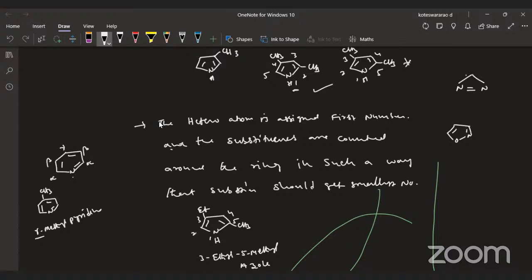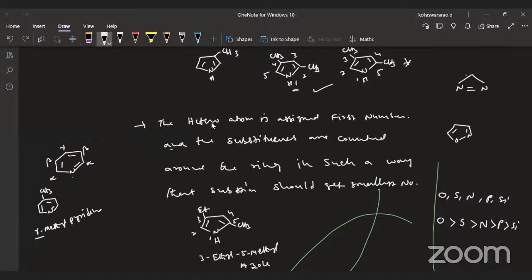When two or more heteroatoms are present in the ring, the prefixes di, tri, tetra are used when the same heteroatoms are present. The priority is oxygen first, then sulfur, nitrogen, then phosphorus and then silicon.